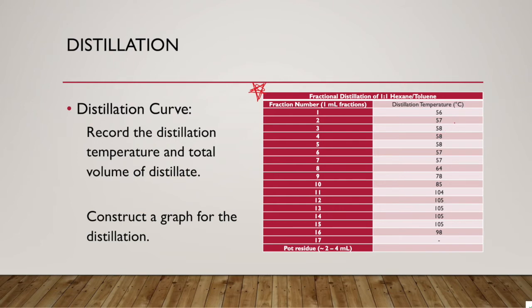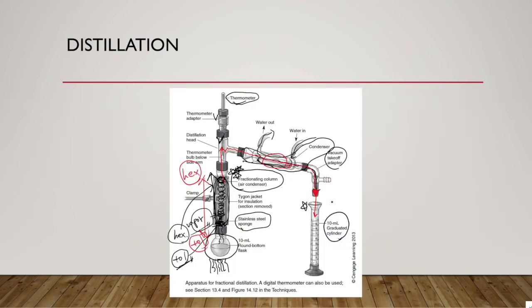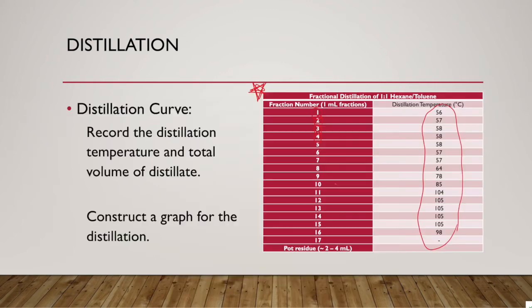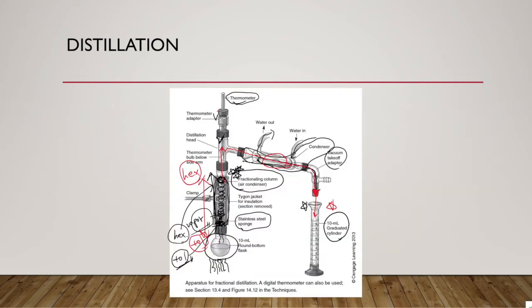But if you're taking this course as a hybrid group, then you have to fill out the temperatures. You have to make an observation and keep recording this distillation temperature for every 1 milliliter of the fractions. So if you get 1 milliliter of the distillate in your collector, then you have to record the temperature from the thermometer here.